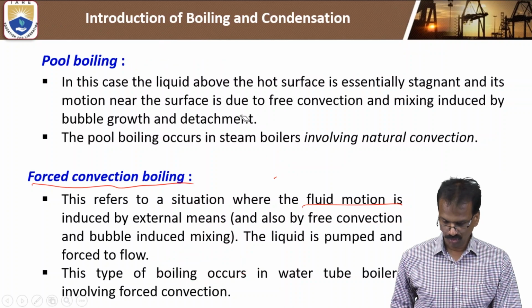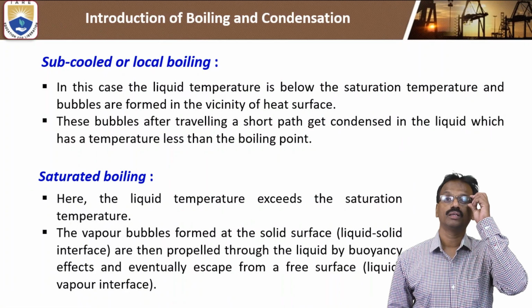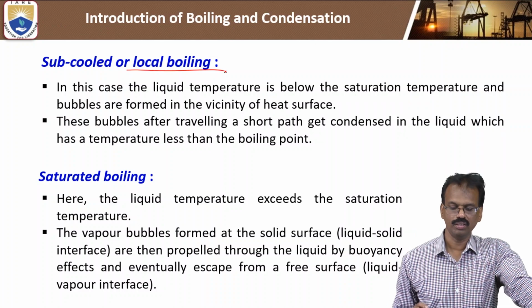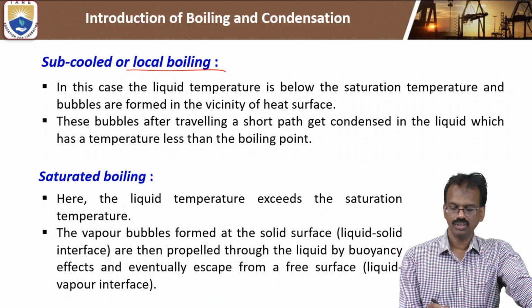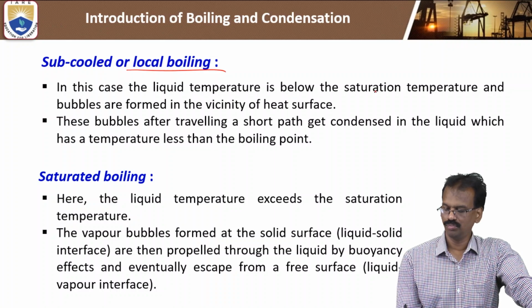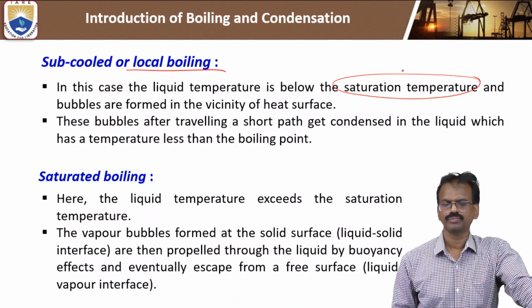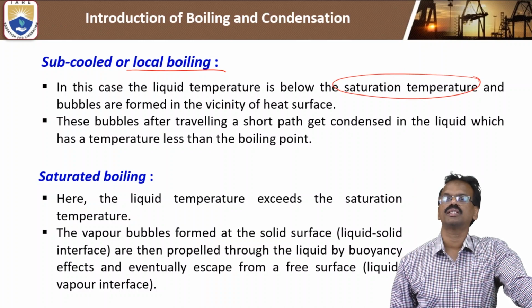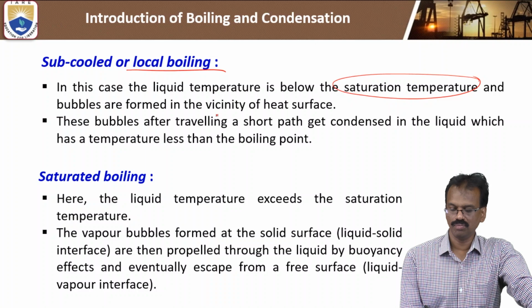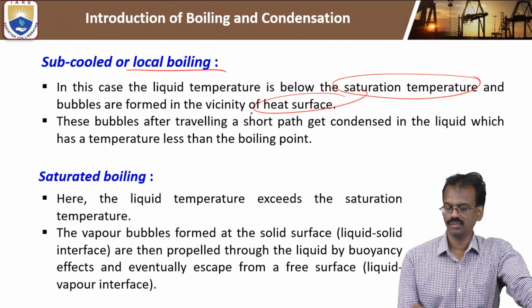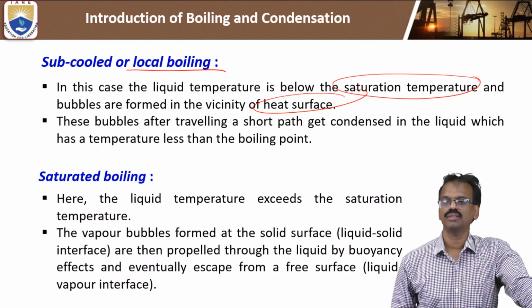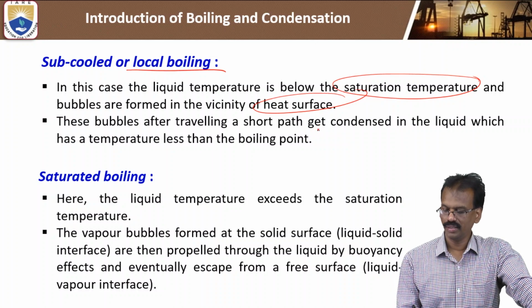Now we'll see one more boiling, that is local boiling, or subcooled boiling. In this case, the liquid temperature is below the saturation temperature, and bubbles are formed in the vicinity of the heated surface. These bubbles, after traveling a short path, get condensed into liquid.